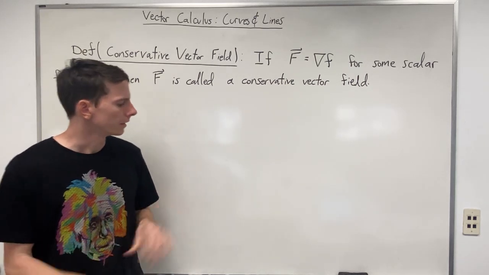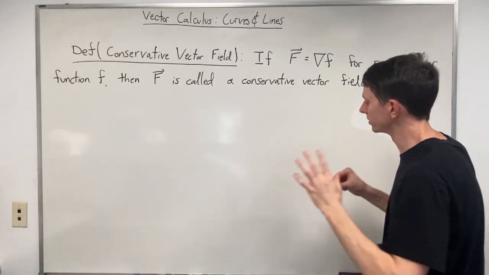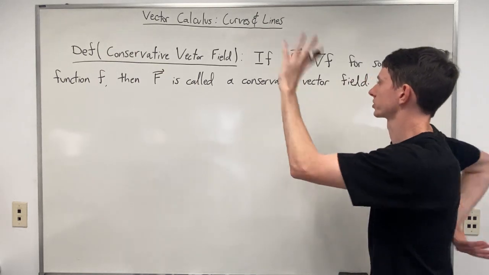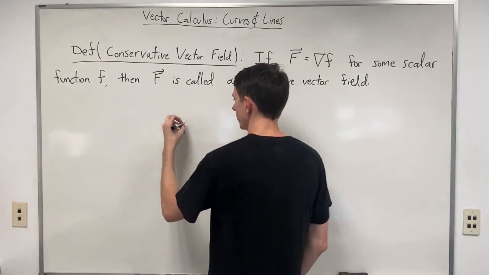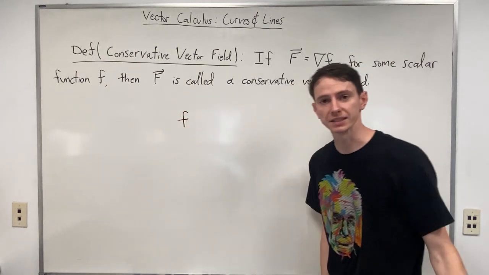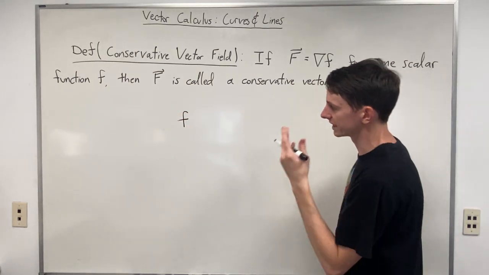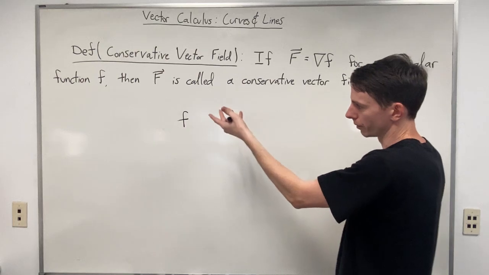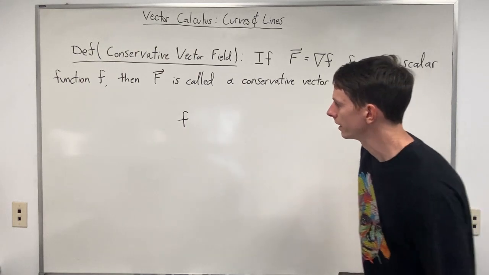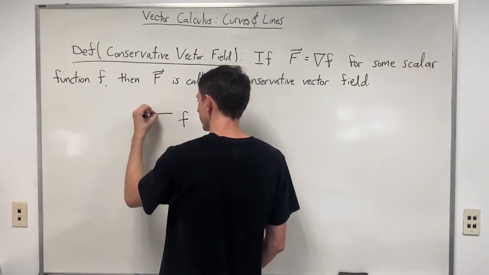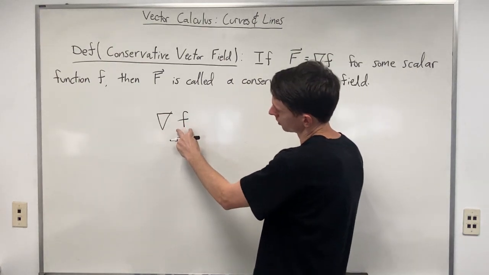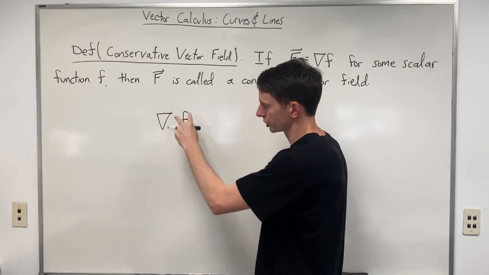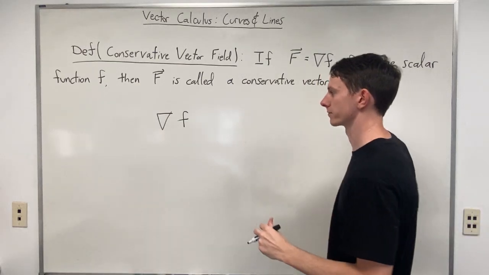Just to make sure we're on the same page, lowercase f by itself is a scalar function, meaning it's just a single component quantity. When we apply the gradient to it, we're operating on the scalar function and turning it into a vector function.